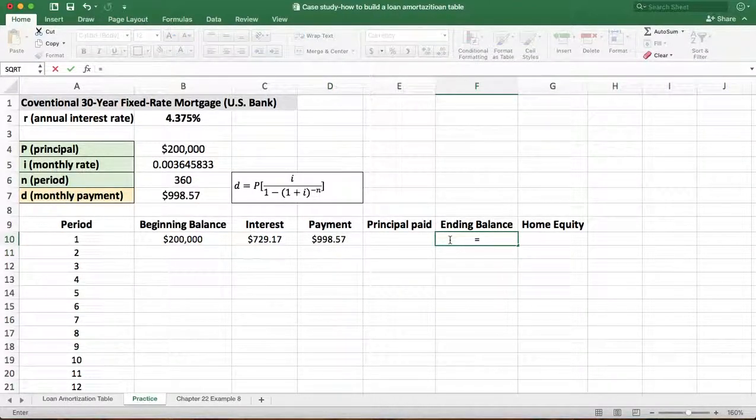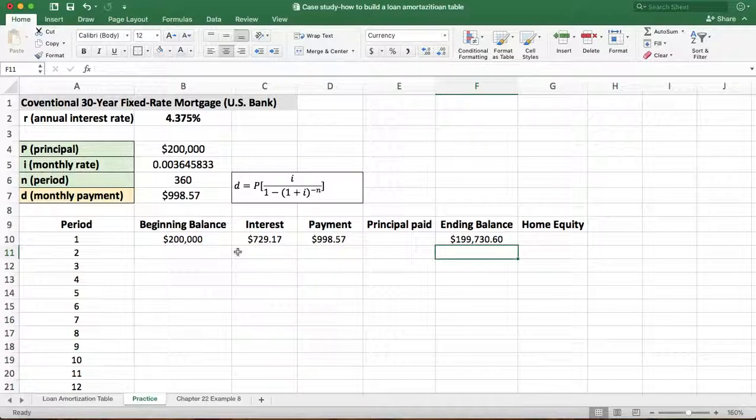Pay attention here. Is ending balance equal to beginning balance minus monthly payment? No. Ending balance equals beginning balance plus interest and then minus monthly payment. Because when you borrow the money, the loan sitting in your bank account keeps growing.